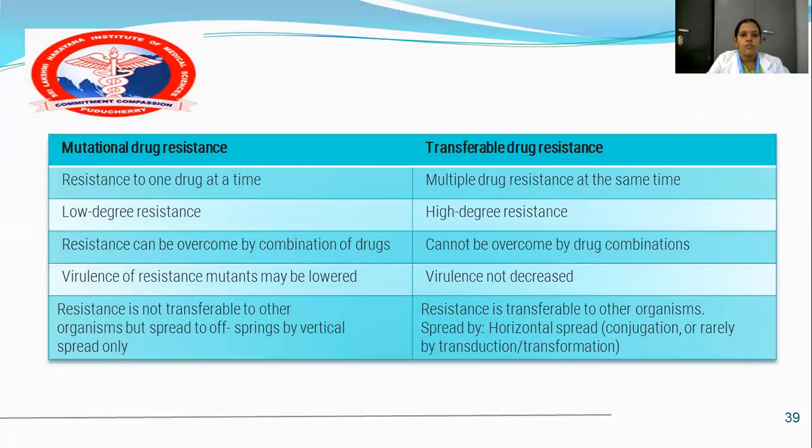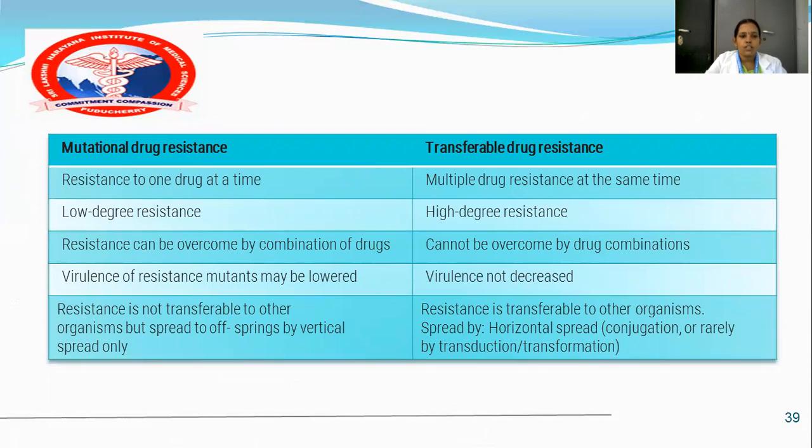So see the difference between mutational drug resistance and transferable drug resistance. Mutational: resistance to one drug at a time. Transferable: multiple drug resistance at the same time. Mutational has a low degree of resistance, but transferable has a high degree of resistance. Mutational resistance can be overcome by combination of drugs, but transferable cannot be overcome by drug combinations.